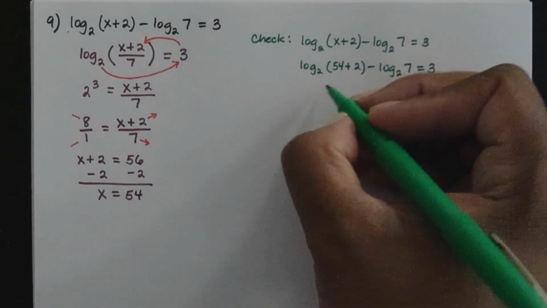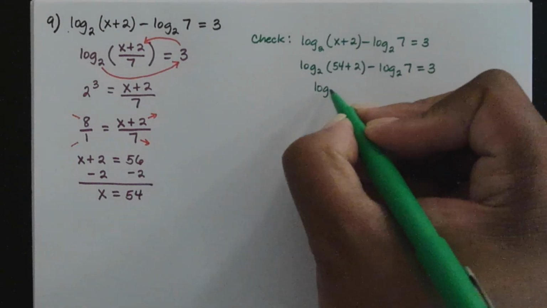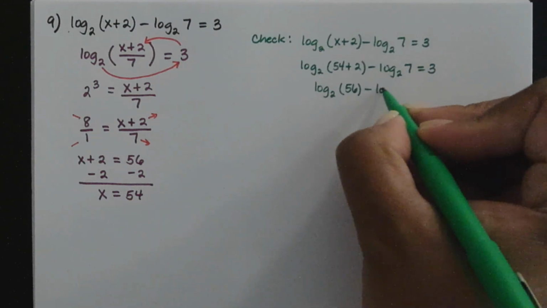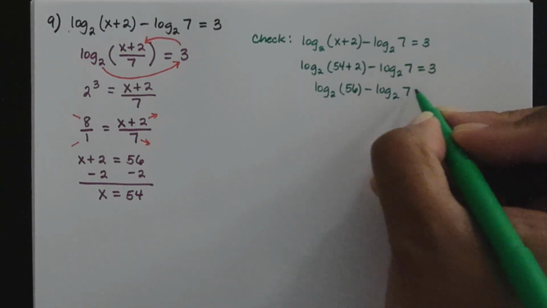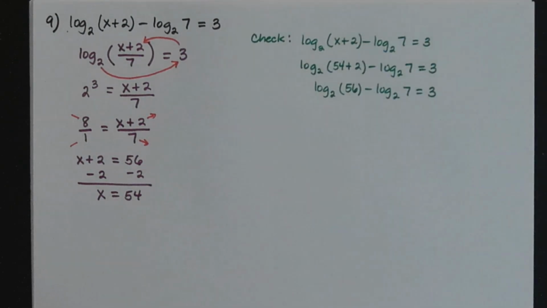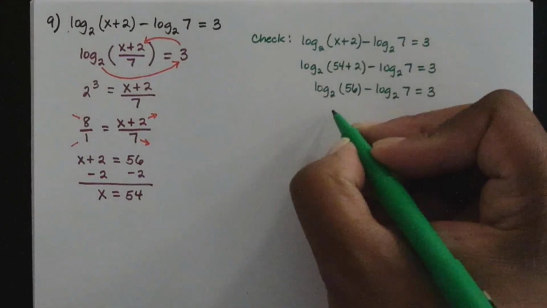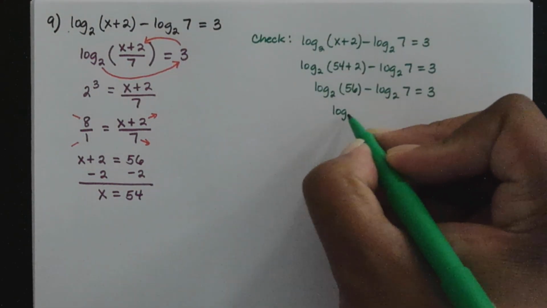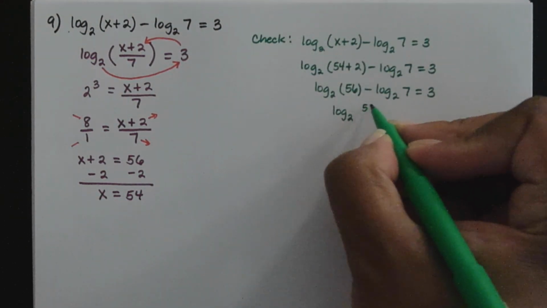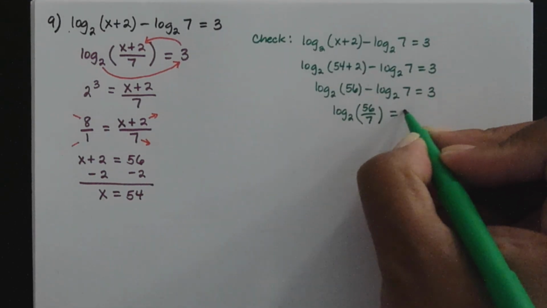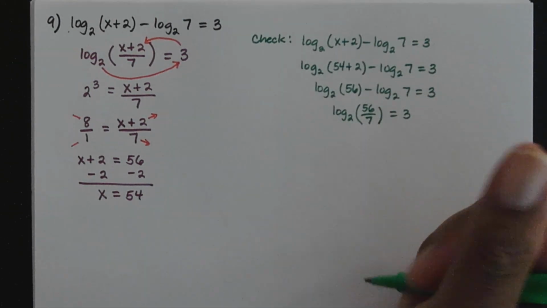And then 54 plus 2 would be 56, so log to the base 2 of 56 minus log to the base 2 of 7 is equal to 3. And of course I have the difference of the individual logarithms, so that means I need to use the quotient rule to condense. So it'd be log to the base 2 of 56 divided by 7, and that's equal to 3.